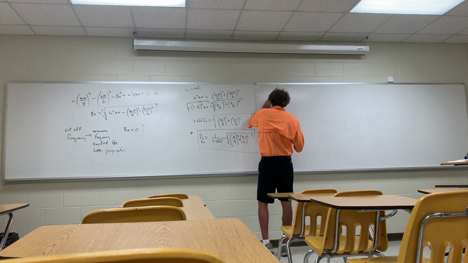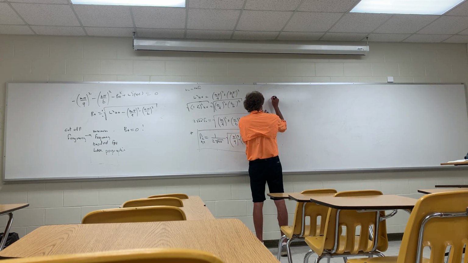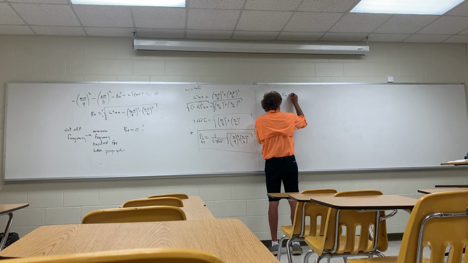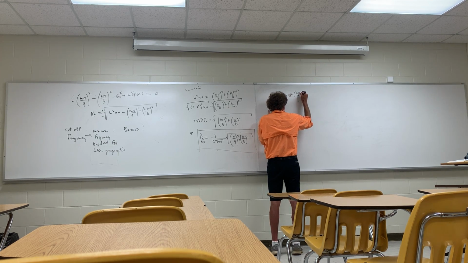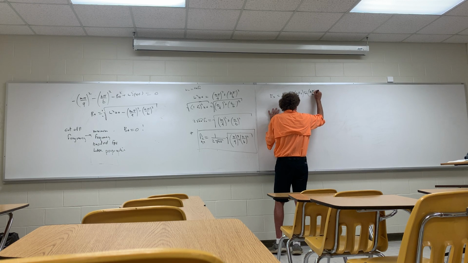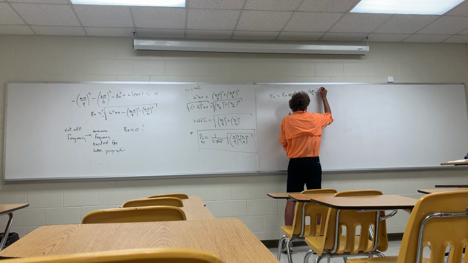So now he says, what actually is happening here is we have EZ given as some constant E naught times the sine of m pi over a times x times the sine of n pi over b times y times e to the minus j beta.